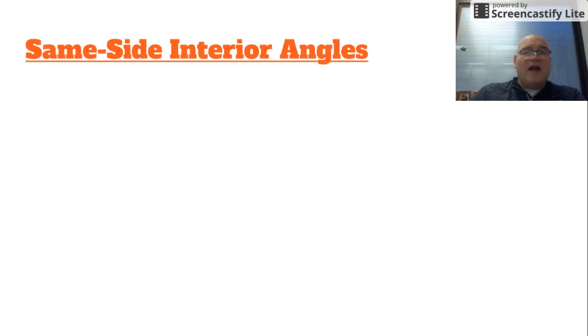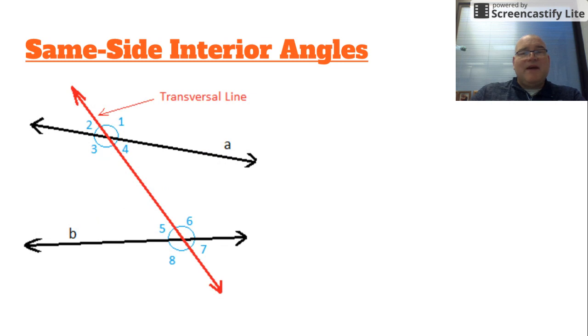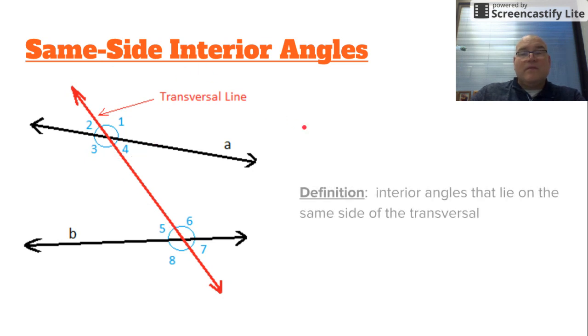Next, same side interior. Well, by the definition, you kind of see what we're talking about. Same side interior. They have to be on the same side of the transversal and interior. Which ones do you think they are? If you were thinking 3 and 5, you were correct.